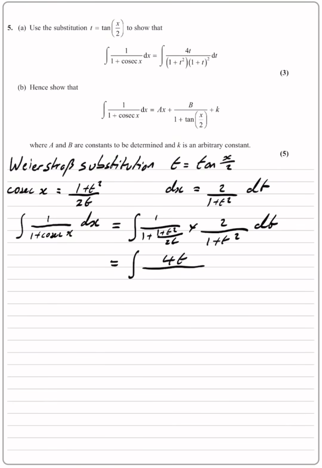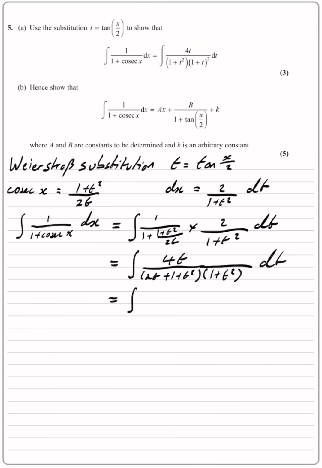First thing I'm going to do, multiply the top and the bottom by 2t. It gets rid of the fraction in the denominator of the left hand fraction. So we're left with 4t at the top, 2t plus 1 plus t squared on the left denominator, and 1 plus t squared on the right.